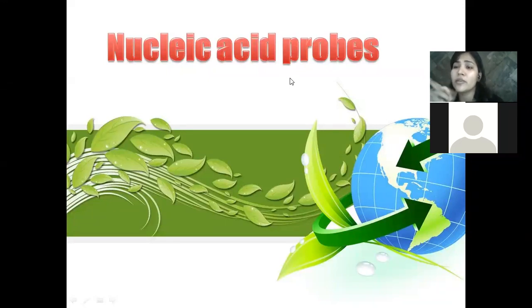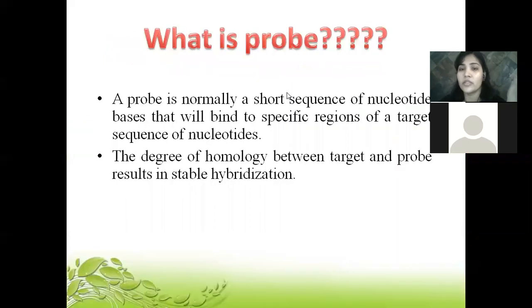For that matter, if you think about any disease such as cancer, where there are lots of mutations, and you want to find out where exactly the mutation is, you can take the help of these probes and make sure that you are able to detect that particular sequence of DNA. So you must understand the use of that probe. Understand? So that you can understand whatever we are going to talk about further, right?